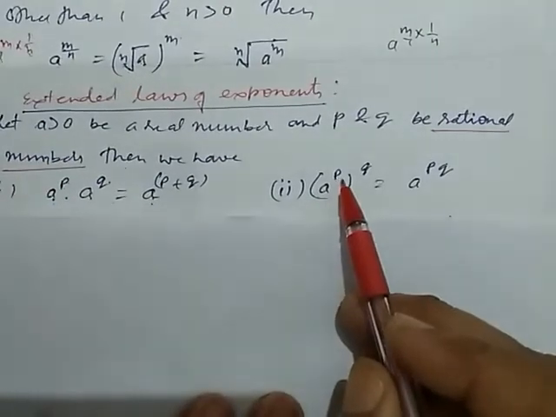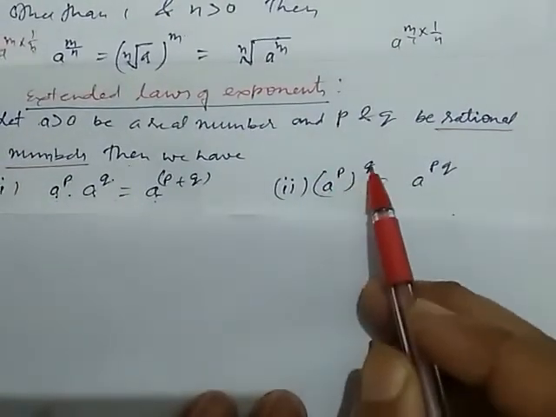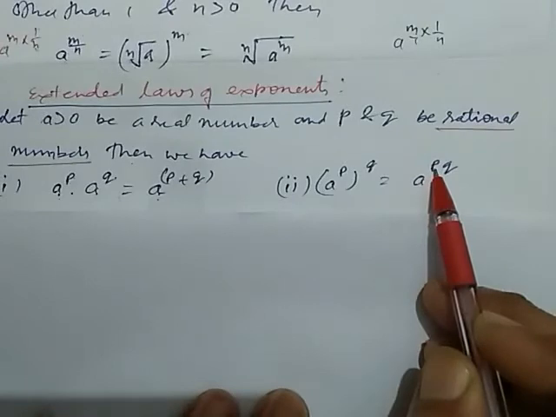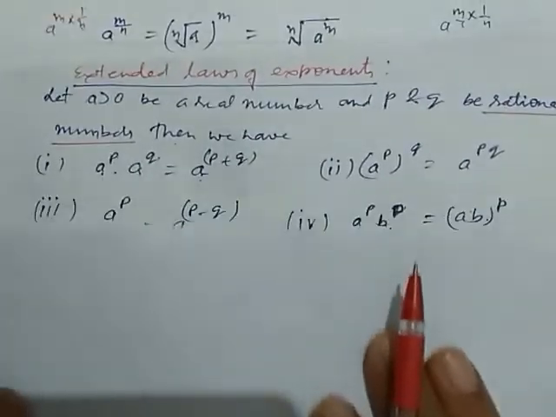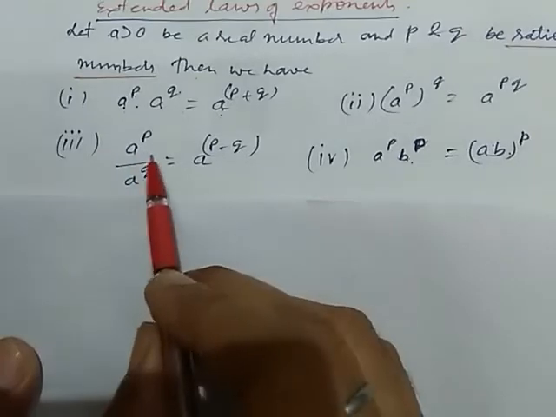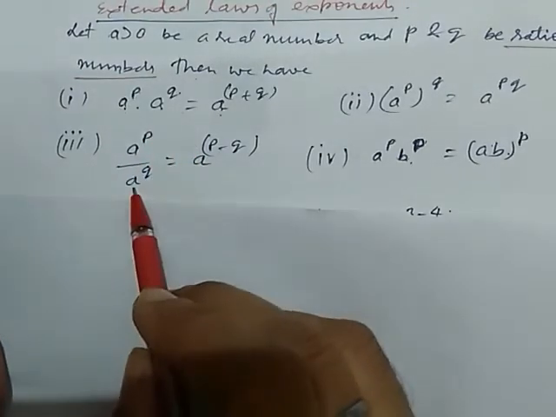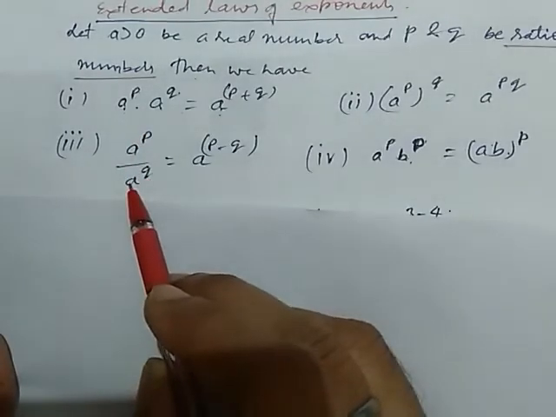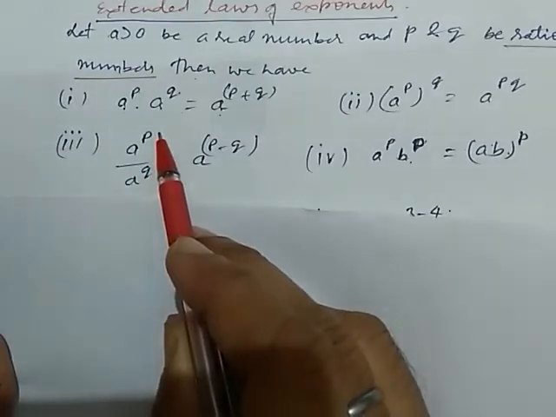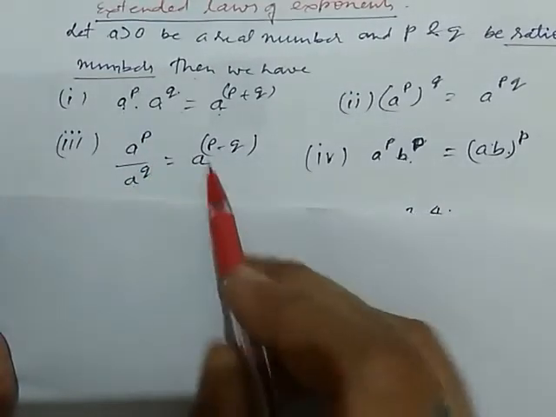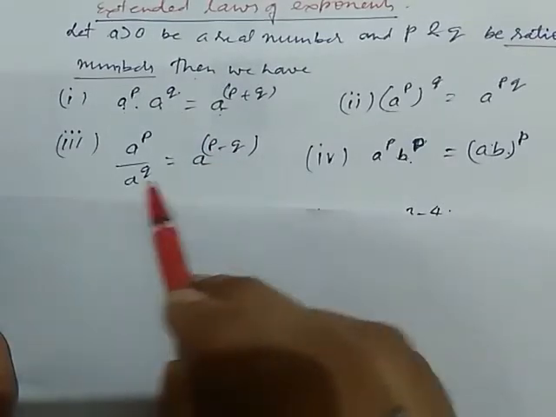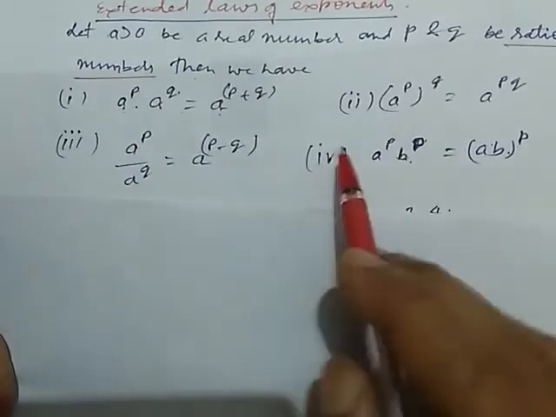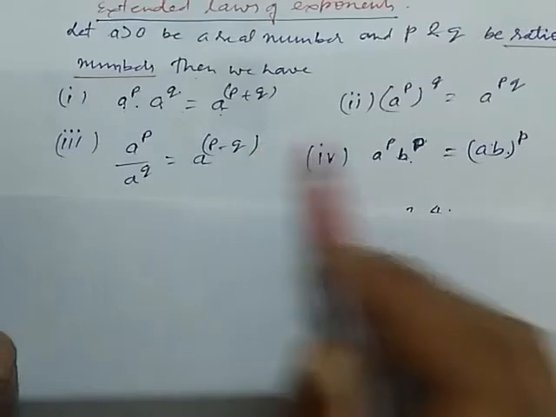A raised to the power p, the whole power q, means the powers are multiplying: a power p into q. a to the power p upon a to the power q: when we bring a power q into the numerator, it becomes negative, so directly we can write a power p minus q.